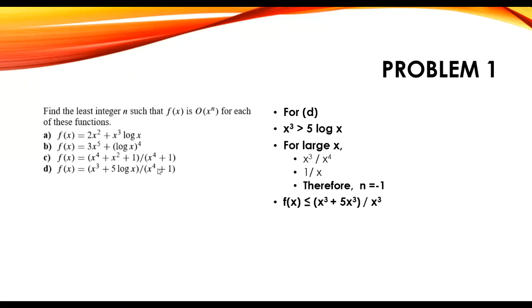Because we want to make our expression bigger compared with the original equation, and it is easier to divide if we have the same exponent in the numerator and denominator. So that's why I chose x to the 3.